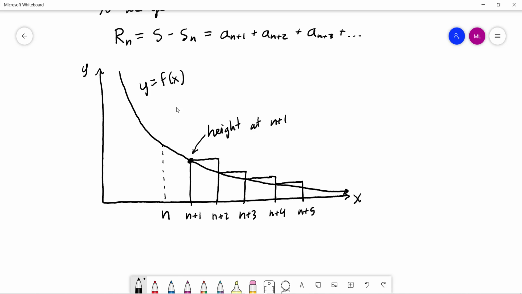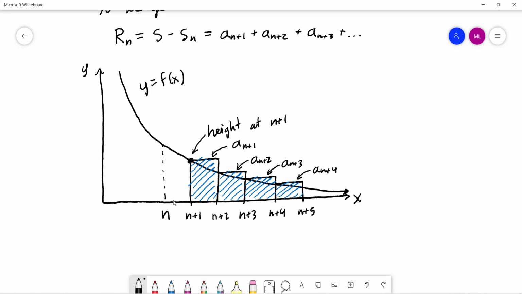But now, instead of drawing a rectangle to the left, I want to draw that rectangle going to the right. And what this means is, what is the area of this first rectangle right here? This is the area a_{n+1}. This is the area a_{n+2}. This is the area a_{n+3}. This is the area a_{n+4}.